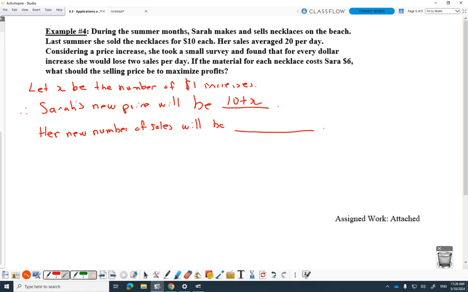Last summer, she averaged 20 per day. If she increases the price by $1, she's going to lose 2 sales. Last summer was 20, but now she's losing 2 sales for every time she increases the price by 1. 20 minus 2x. That's good.